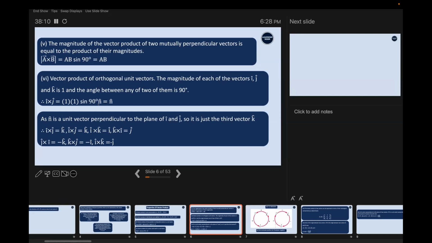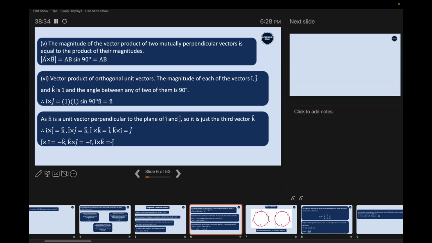So first, i cross j is k cap. And k cross i is j cap. k cross i is j cap. And j cross k is i cap. j cross k is i cap.